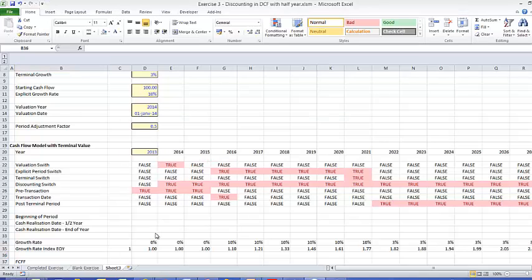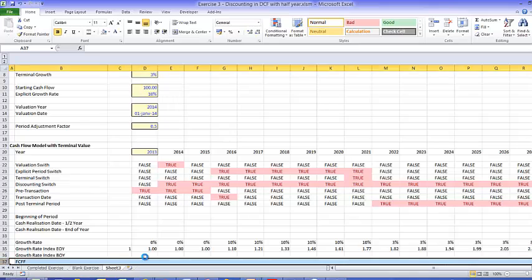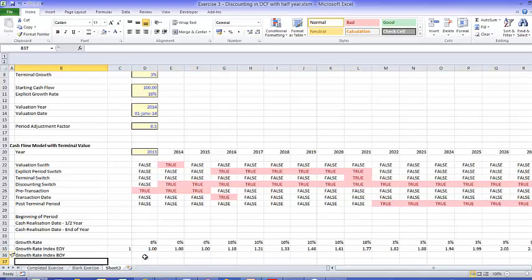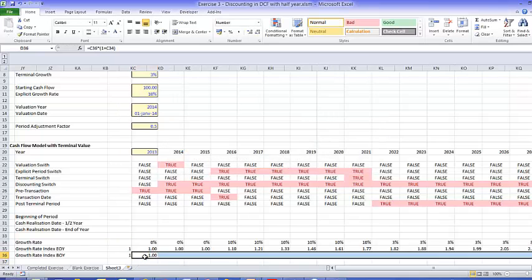Whoops. Oh, come on. What happened here? Okay. And then we've got the growth rate index beginning of the year. I'm making a little different example now. Okay. And that would say, let's multiply this times 1 plus, and not this growth rate, but the prior growth rate.